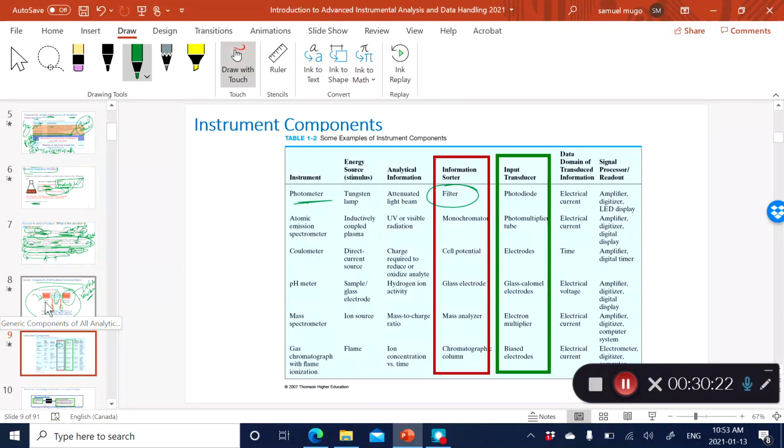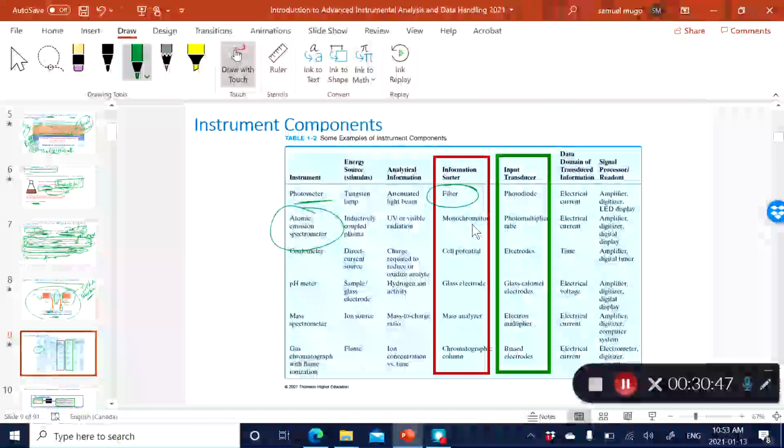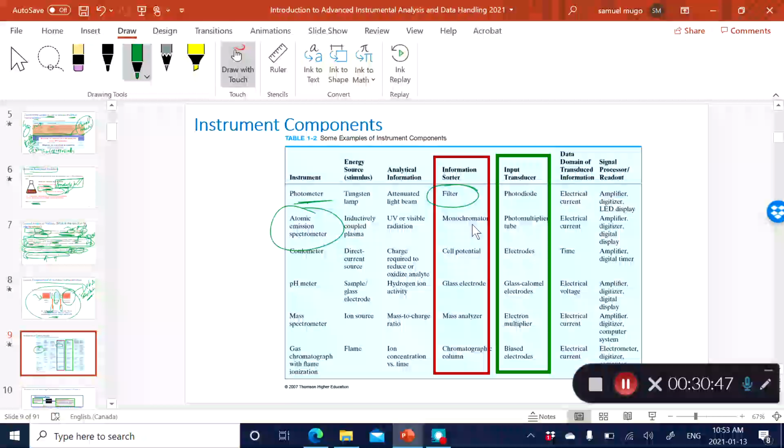Later on, we're going to discuss why that's a big deal. Now, if you're doing AES, atomic emission spectrometry, the information sorter again is a monochromator. The monochromator really is just an advanced form of a filter. Its goal, again, is to make sure that the analyte is being impinged by monochromatic radiation, which means it's got a single wavelength.